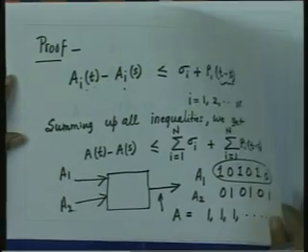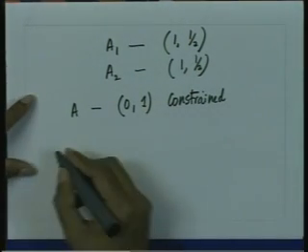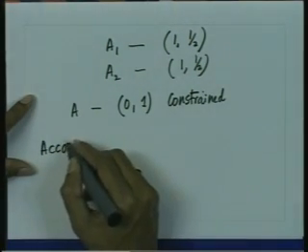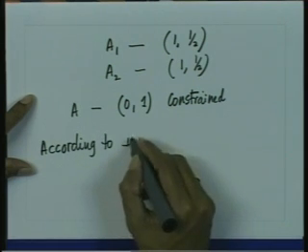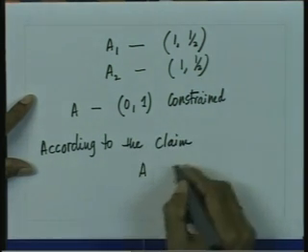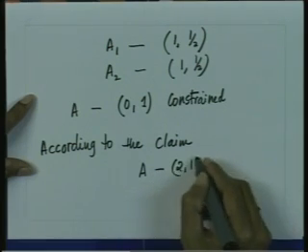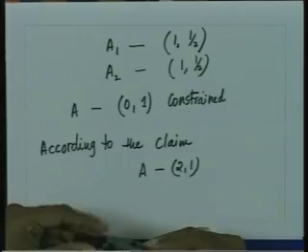So according to this theorem, according to our claim, output A should have been a (2, 1) constraint.